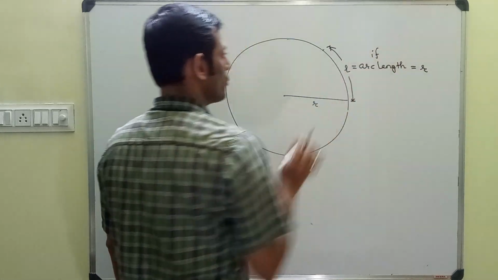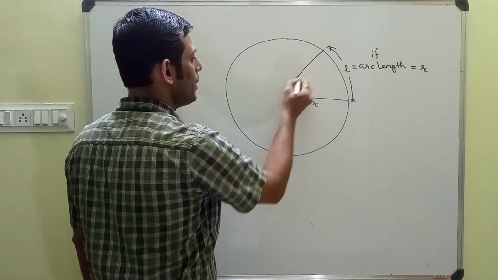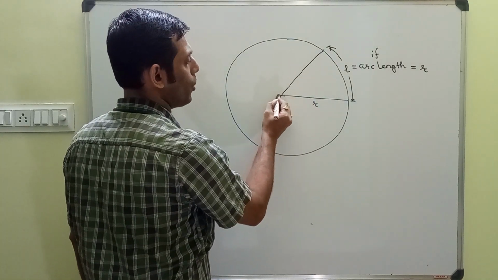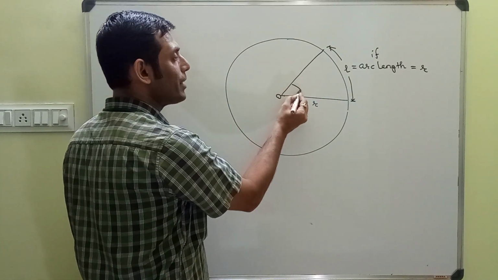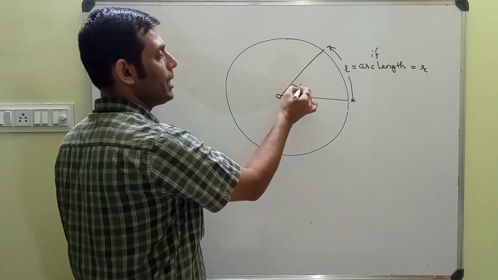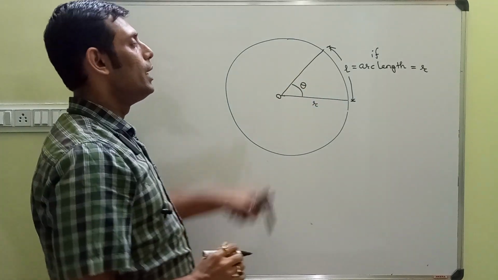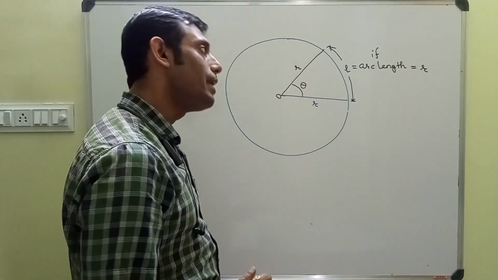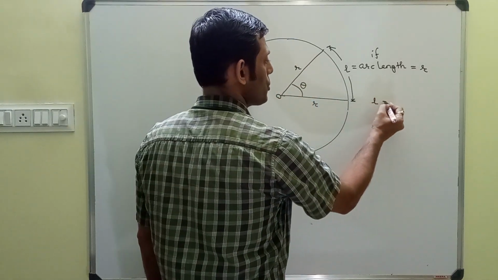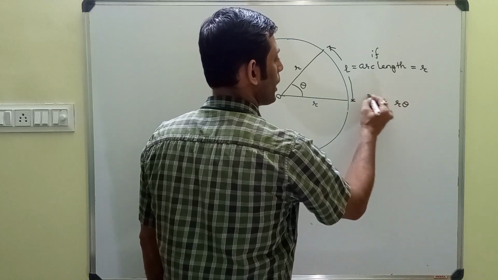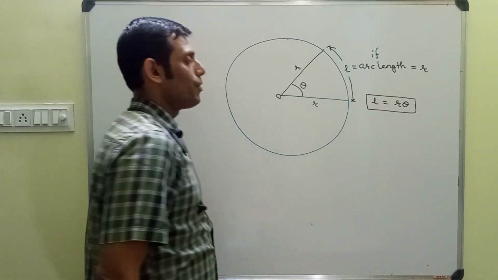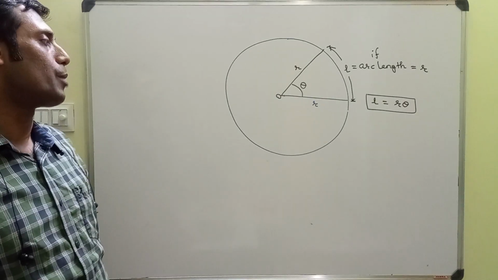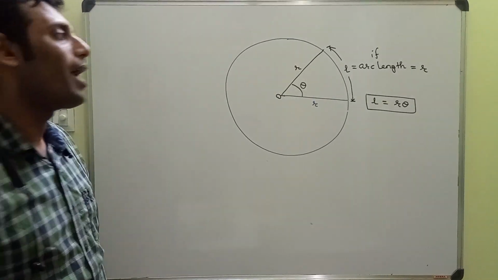If this is equal to r, then what angle will it subtend at the center of the circle? The angle that it subtends is, let us say, theta. Then how do the arc length L, the radius r, and theta relate? L is always equal to r theta, by the basic relation of arc length with radius and the angle it subtends at the center. L is equal to r theta.